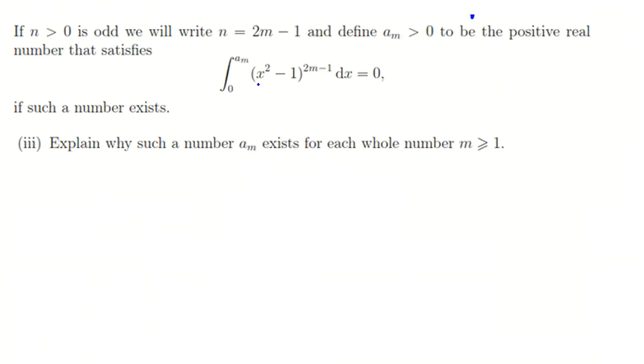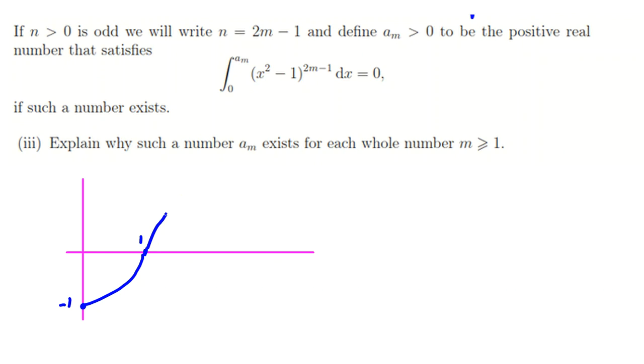Okay, at first, when x is 0, it will be (0 minus 1) to the power of an odd number. So if we draw the x-axis, it starts with -1. And it is negative because a negative number to an odd power is negative until 1. It will be something like this. And after 1, it will be positive.